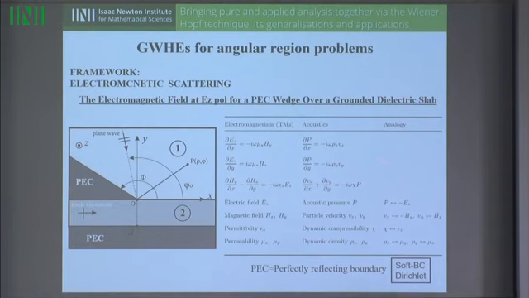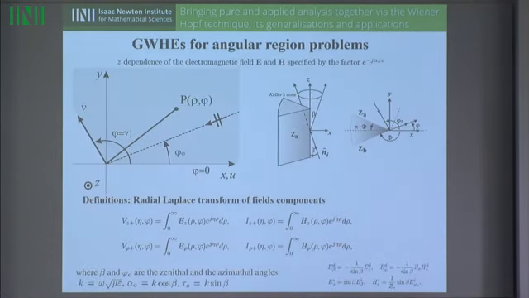So I reported this notation to be more familiar with this. And in particular, we consider the perfect electric conducting condition, the soft boundary condition, the Dirichlet in EZ polarization. So let's start from the generalized Wiener Hopf equation for the angular region problem.